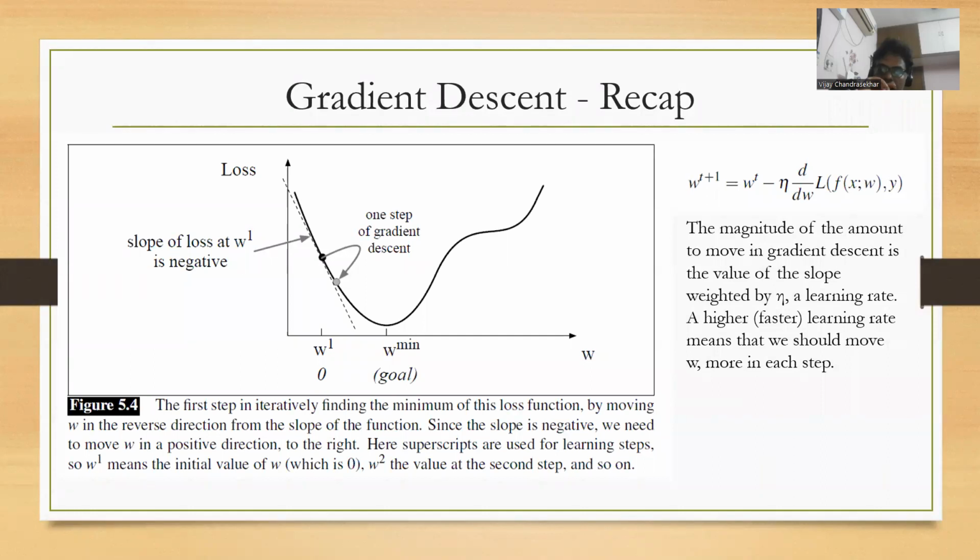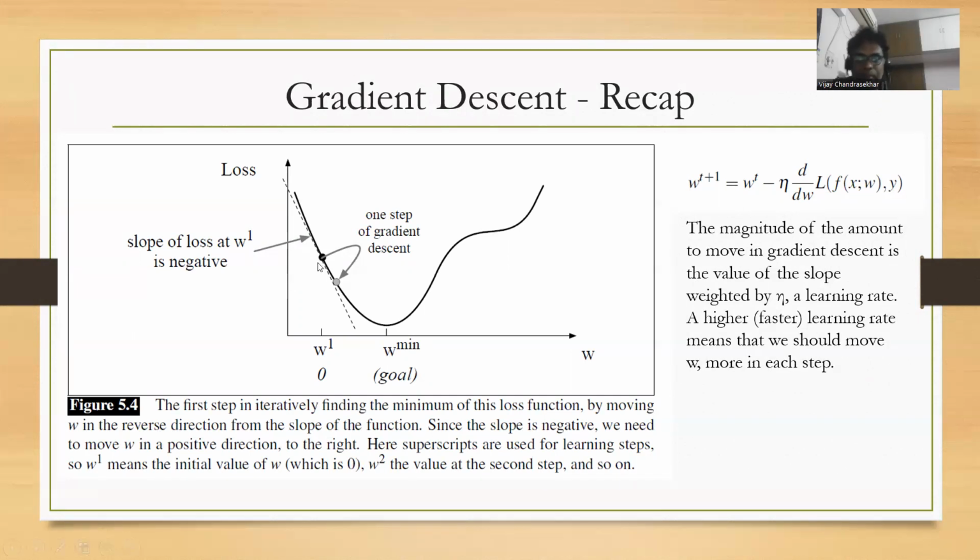The size of the step. Now, what happens if, let's say I'm here, what happens if the learning rate is huge? There is a chance we cross the local minimum. Okay, Rajeshwari, go ahead. There is a chance that we cross the local minimum.